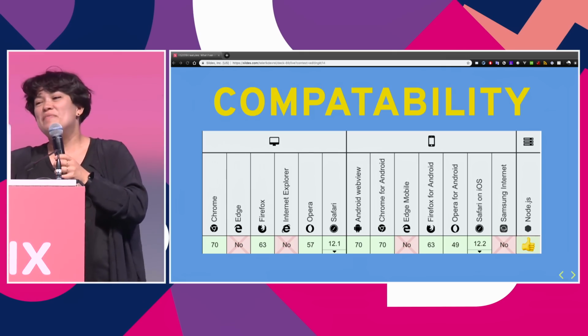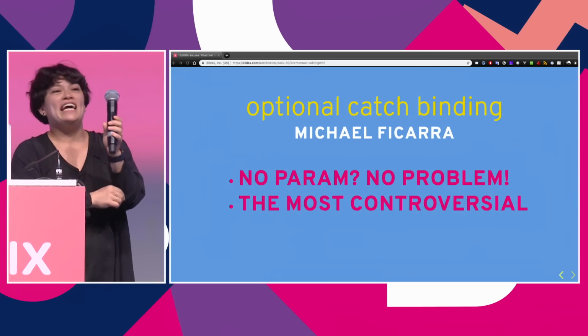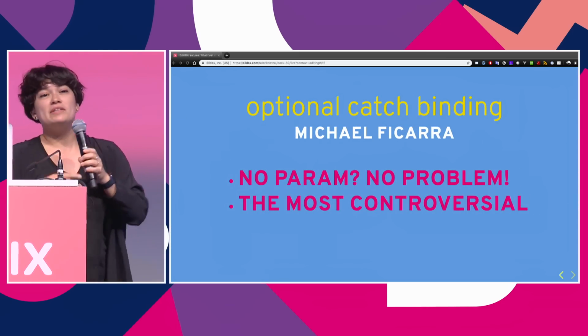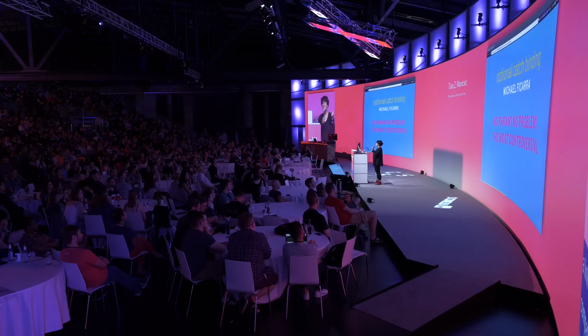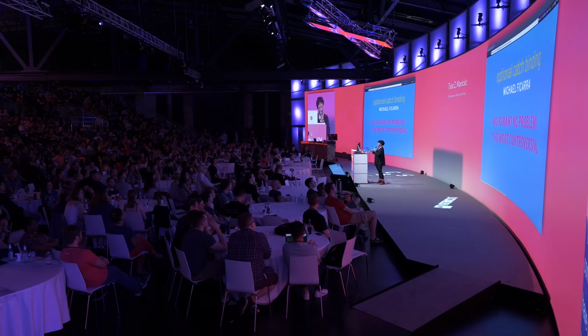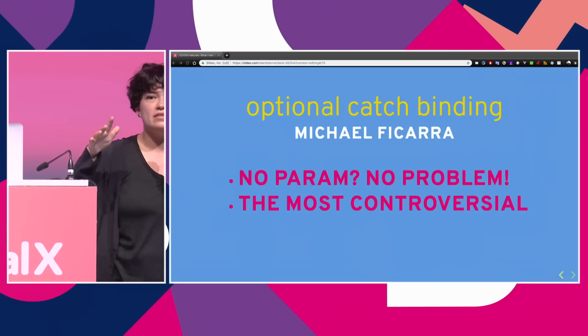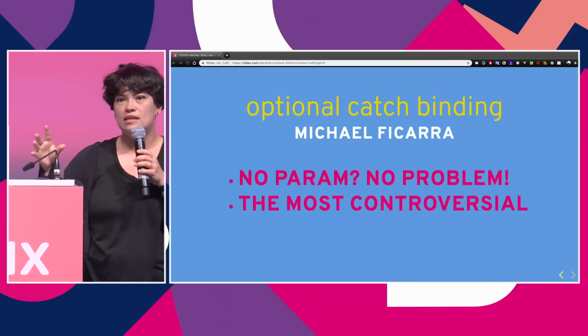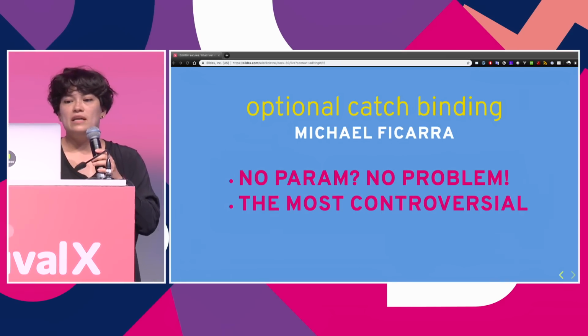Okay, optional catch binding. Do a lot of people out here use try-catch much? Yeah, we're supposed to, right? So this is basically, in your catch clause, having a parameter to bind to the exception.